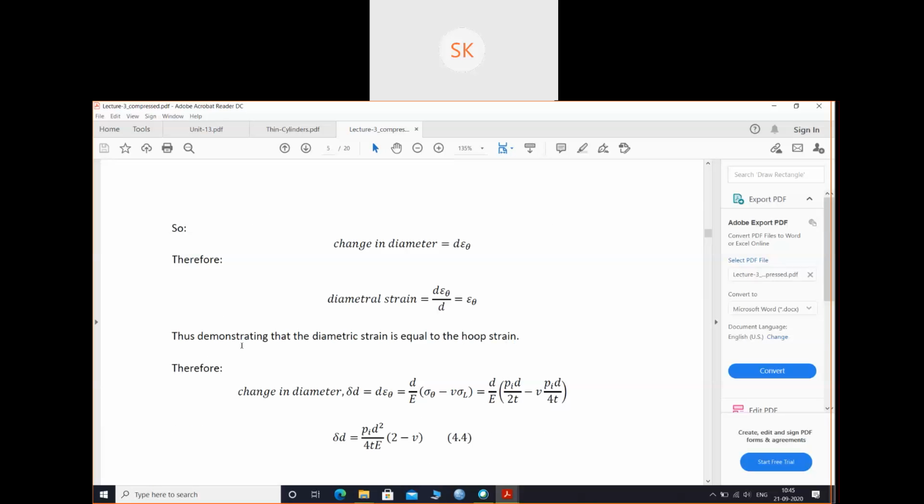So the change in diameter del d will be d e theta, and e theta is 1 by E times sigma theta minus Poisson's ratio times sigma L. This is the formula you have to remember.